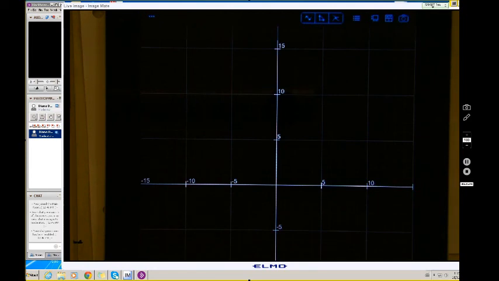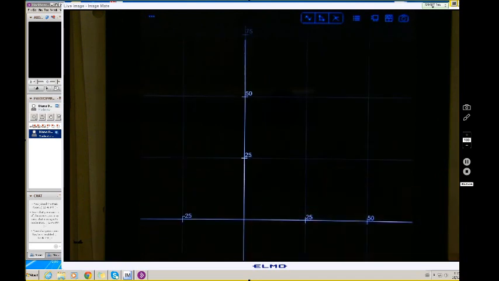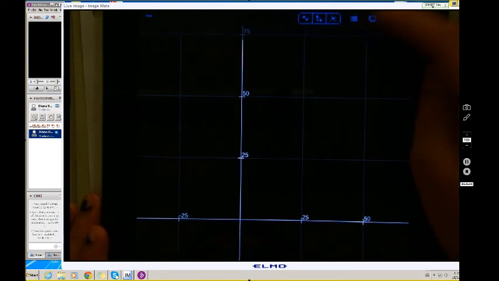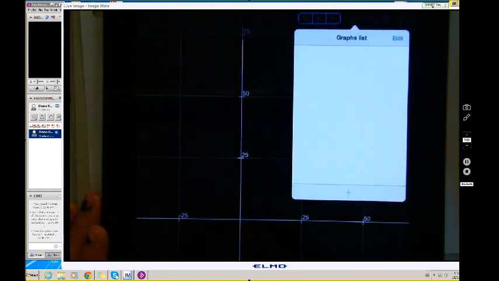You guys have already played with it a bit there. You can change the scale, you can move it around. That's what's nice about it. Okay. So we'll put in those graphs. How you do that is with this little list here. I don't know if you can see that list.